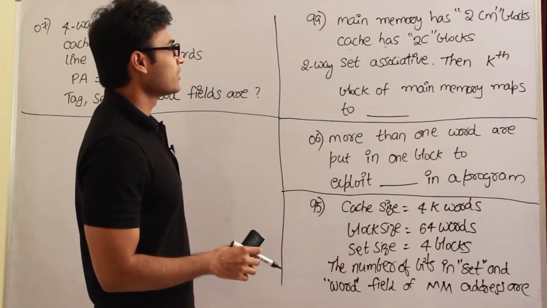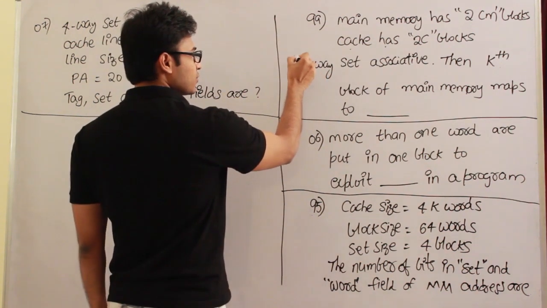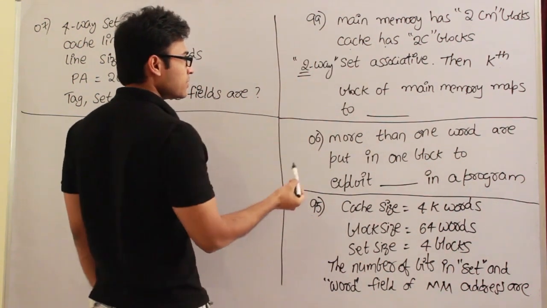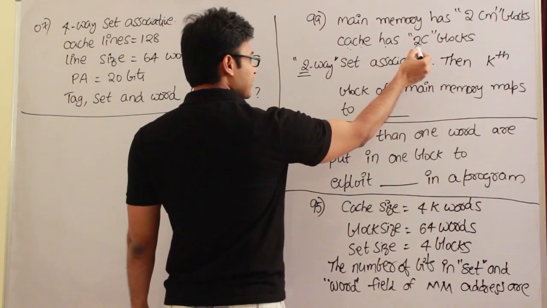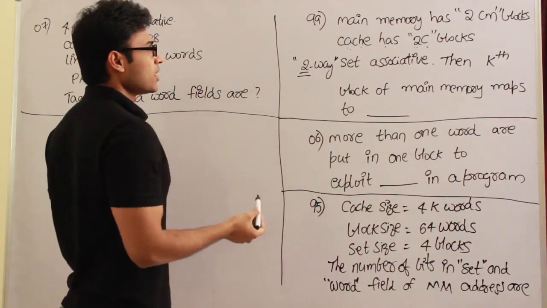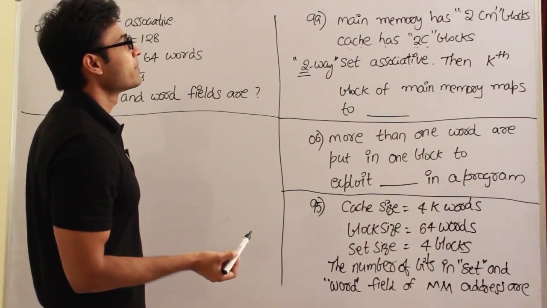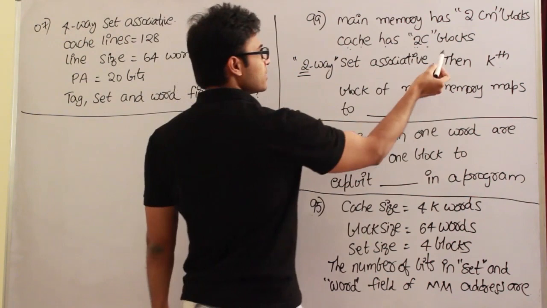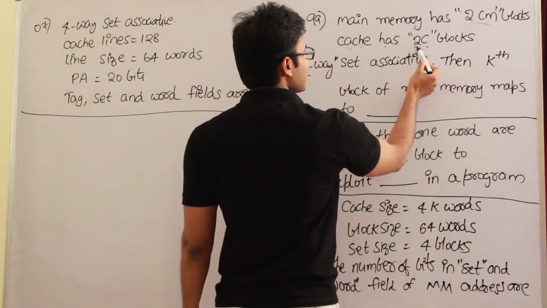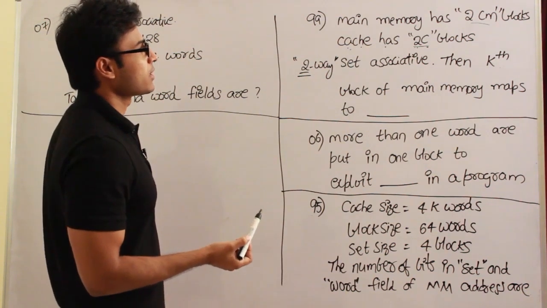Two-way set associativity is used. So if the cache has 2c blocks and it is two-way set associative, then the number of sets in the cache will be c sets. Maybe that is the reason. Now if you look at this, the ratio between main memory and the cache is M, right?